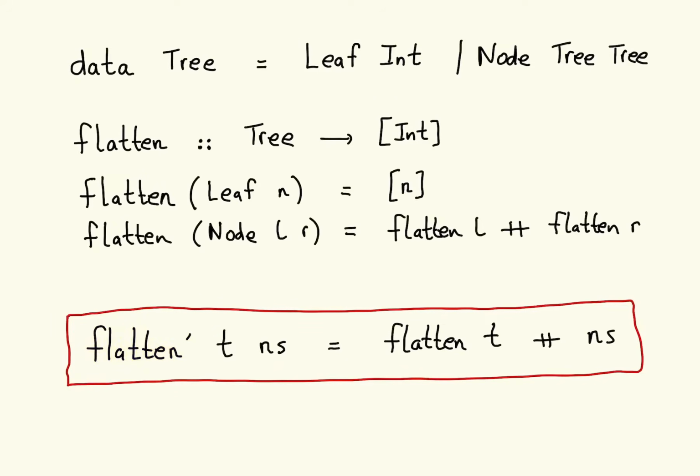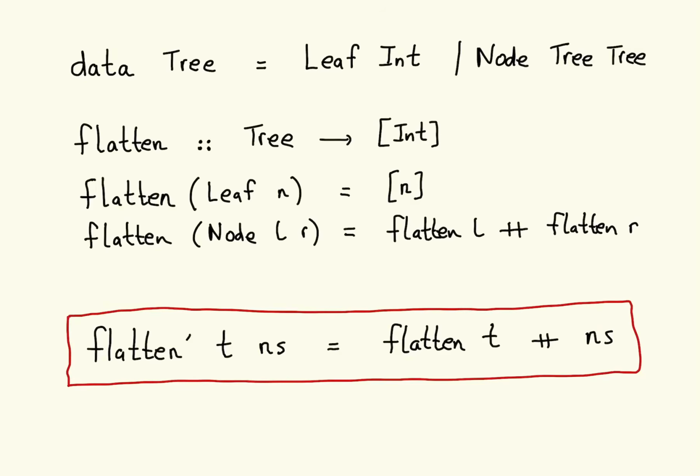We'd like it to behave as if it flattens the tree t and then appends the list ns afterwards, but we'd like to obtain a recursive definition which doesn't actually refer to the original flatten function or the original append function as well. So we're going to proceed by constructive induction, and in particular we're going to proceed by induction on the parameter t here.